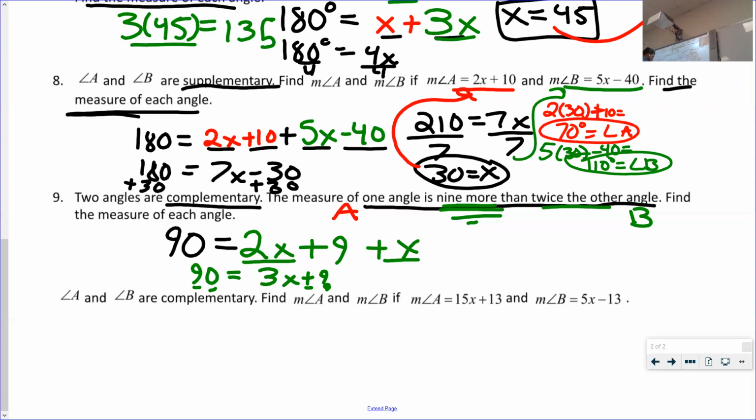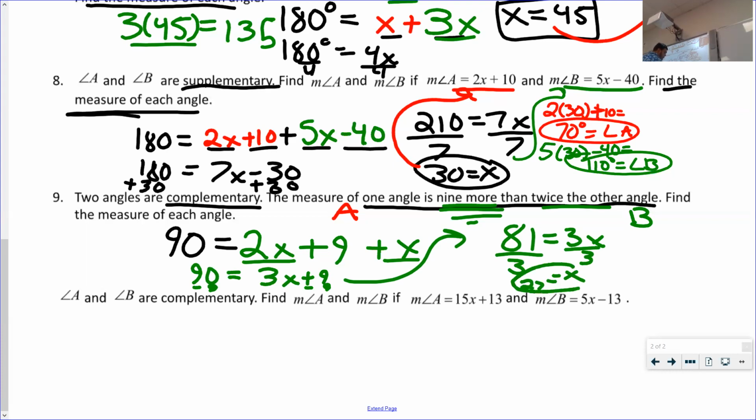Minus 9, minus 9. It's going to be 81 equals 3X. Divided by 3, divided by 3. X equals 27.